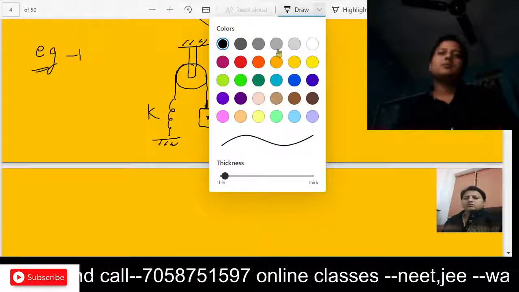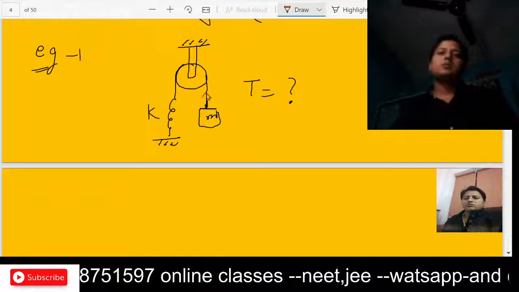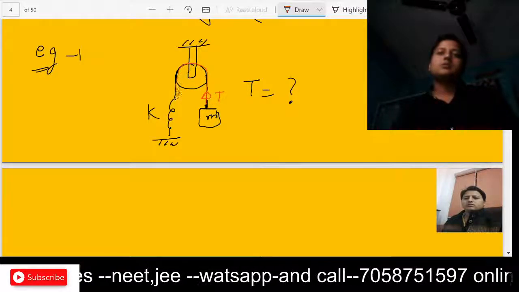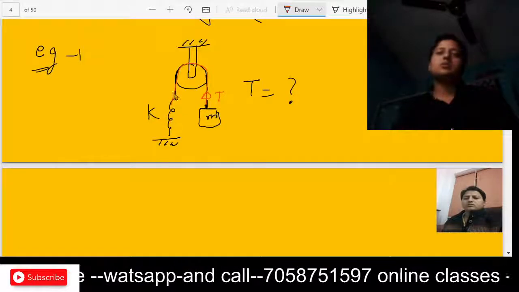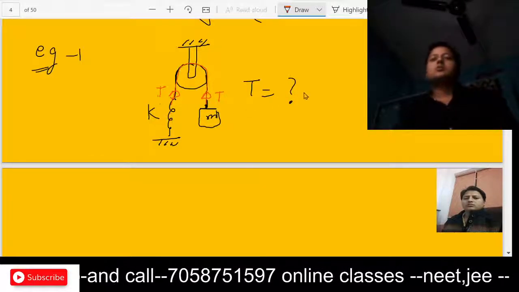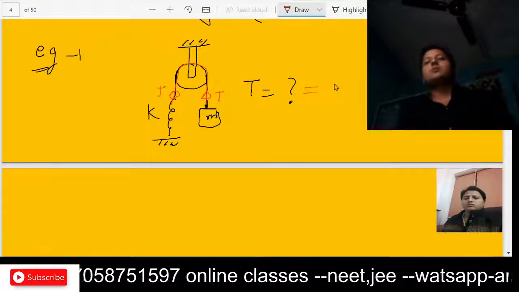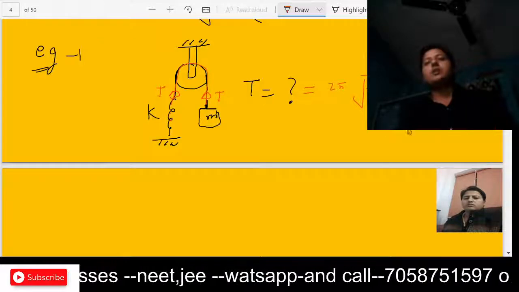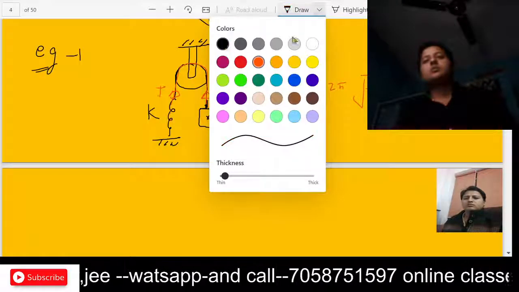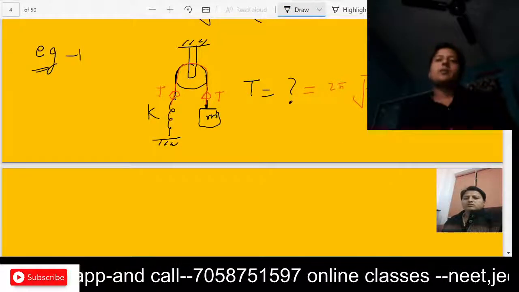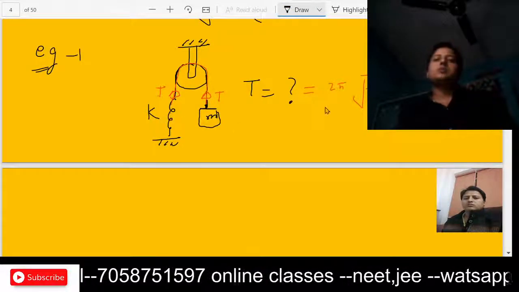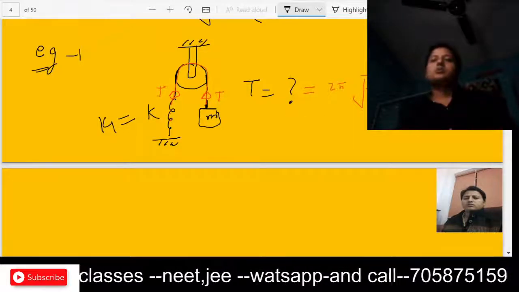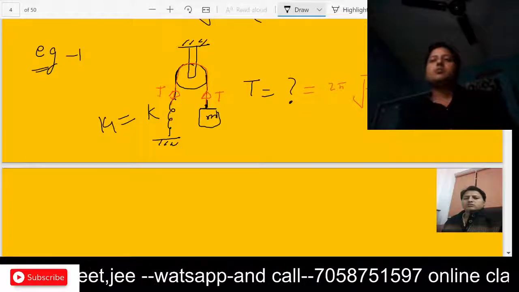If tension in mass is T, as the spring and string are massless, tension here is also T. So time period will be 2 pi under root m multiply 1 by k equivalent. So what is 1 by k equivalent? Only one spring, so suppose this is k1. So this is 2 pi under root m by k1.